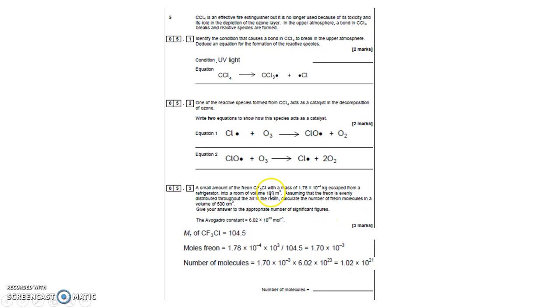Now, that escapes into 100 meters cubed. I want to know if I've got that number of particles in 100 meters cubed. If I took a sample of it, 500 centimeters cubed, how many particles would I have? Well, I need to do another little bit of maths, and I'm just going to do this to the side. 100 meters cubed. Well, a meter is 100 centimeters.